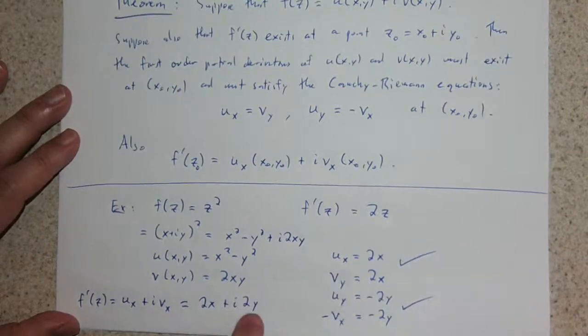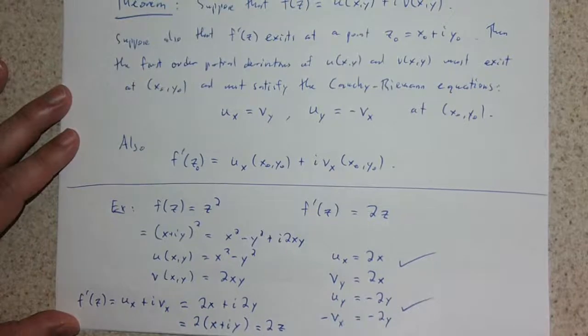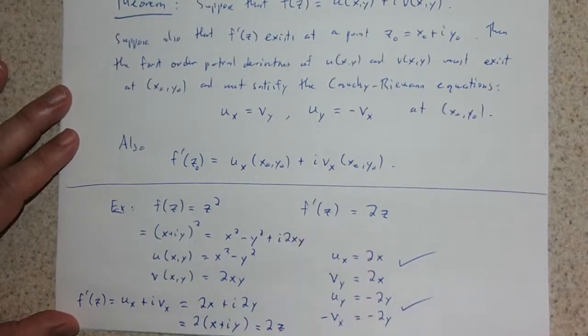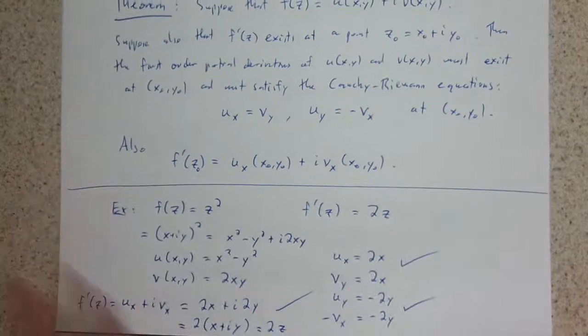So this is 2x plus i 2y. If I factor out a 2, this is 2 times (x plus iy). Oh, but x plus iy is just z. This is 2z. But that's exactly what we already know the derivative to be. So this does, in fact, work nicely.